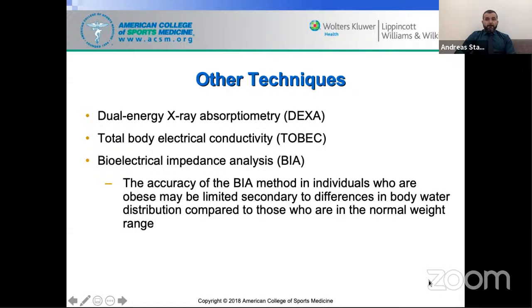Which cell contains more water, a fat cell or a muscle cell? Muscle cell. So the more muscle you have, the more water you have, which means the electrical signal that goes through your body will go faster if you have more muscle. And that's how this works.